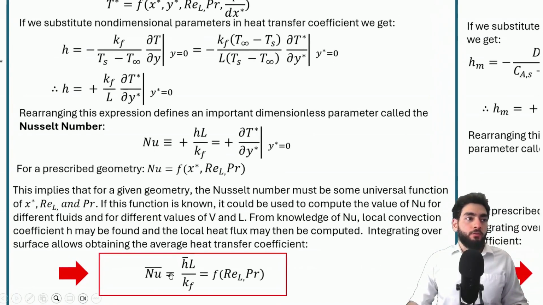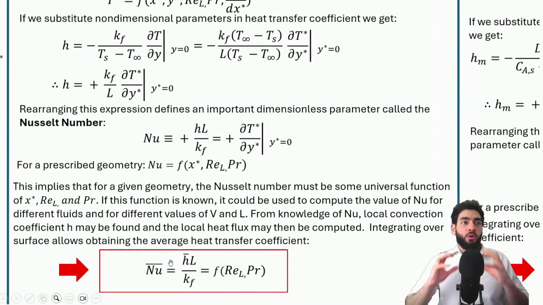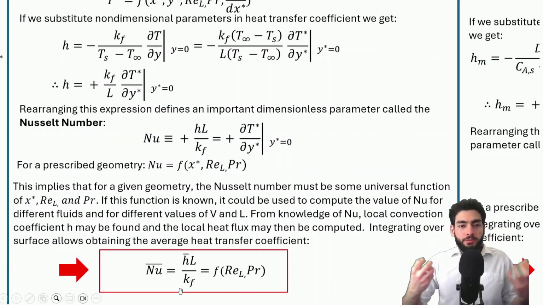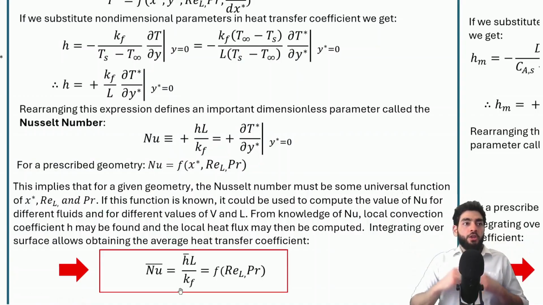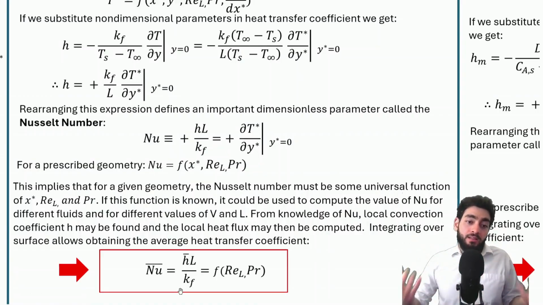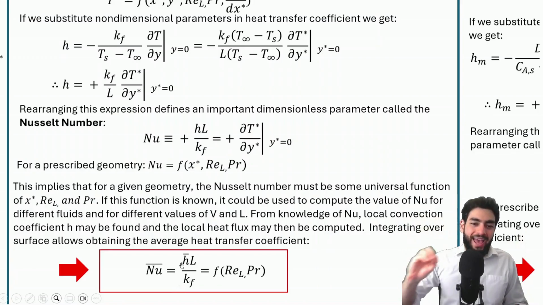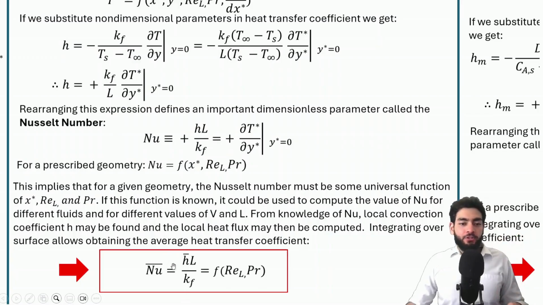What you will find a lot of the times, and what you will be expected to do, is for a given problem statement that you're trying to solve, you will get a correlation for the Nusselt number. And that correlation will be an average Nusselt number correlation. You'll use that and solve for the average heat transfer coefficient once you know what the average Nusselt number is.